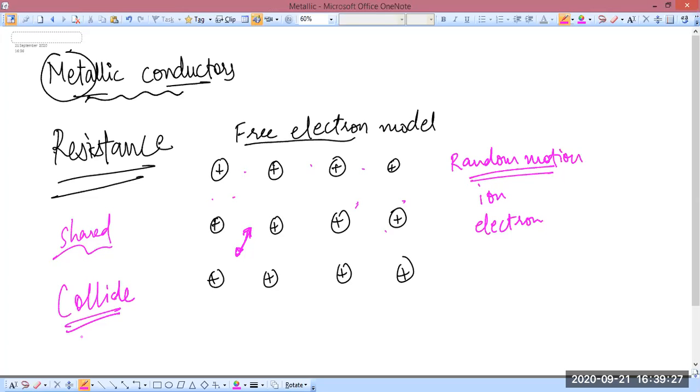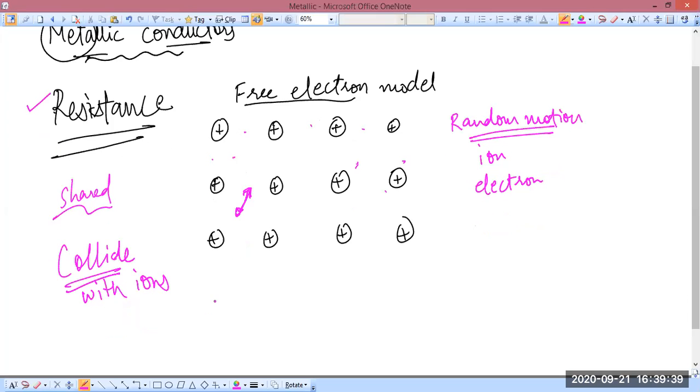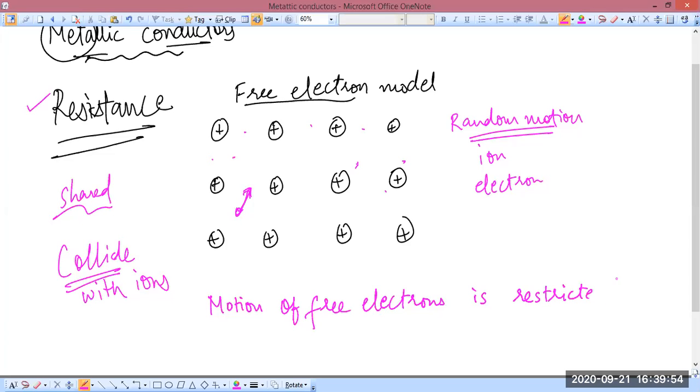I repeat, the moving electrons will collide with the ions, and this is what stops or obstructs their flow. You could just say that the motion of free electrons is restricted.